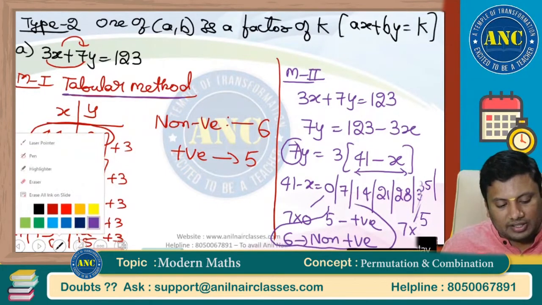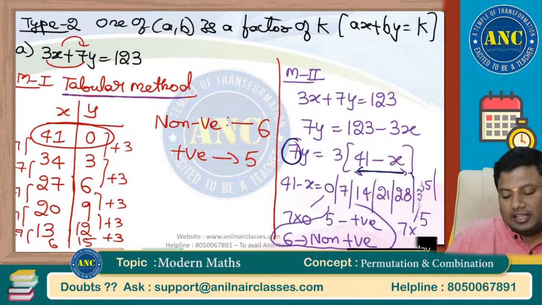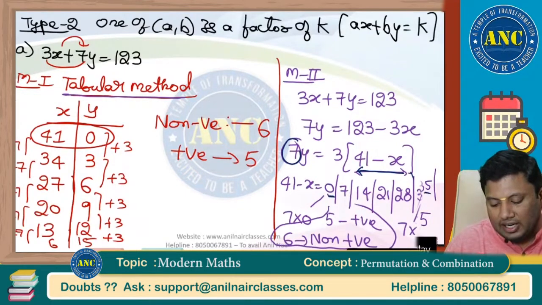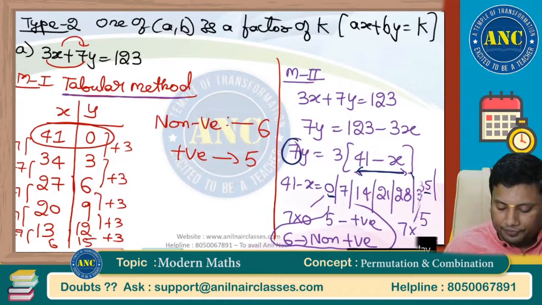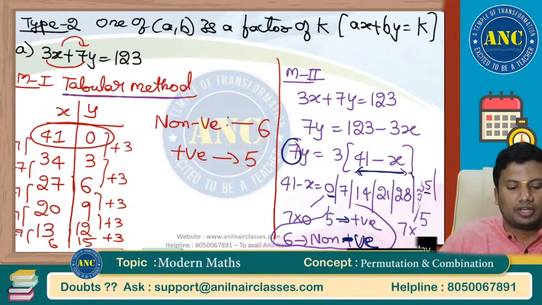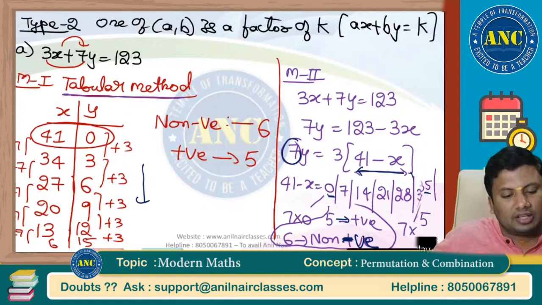This should be divisible by 7. 41 minus x is 0, 7, 14, 21, 28, 35. 7 zeros are 2, 7 fives are 0 to 5. Total there are 6 non-negative integral solutions and 5 will be the positive solutions. This is nothing but a counting mechanism. Here also it is nothing but counting.